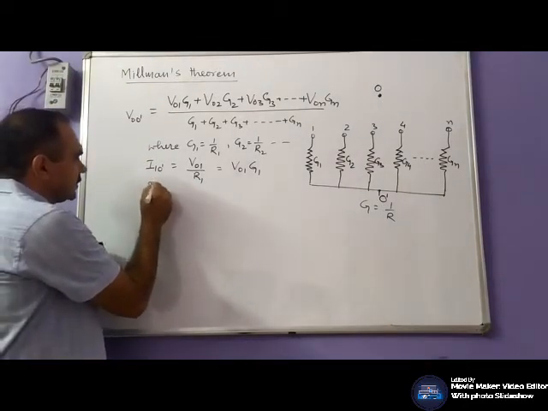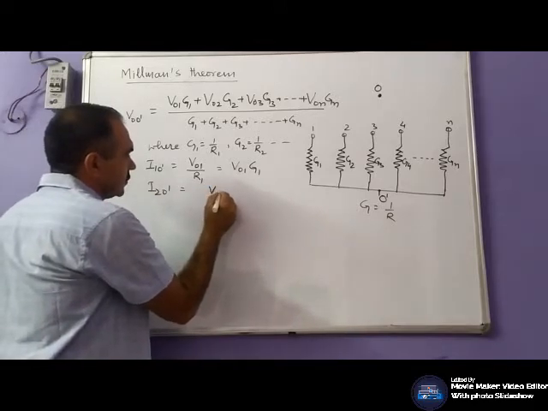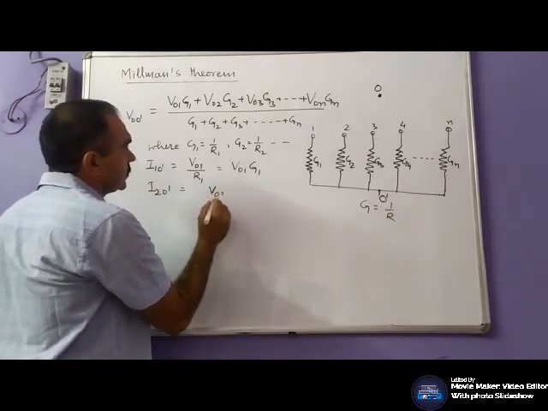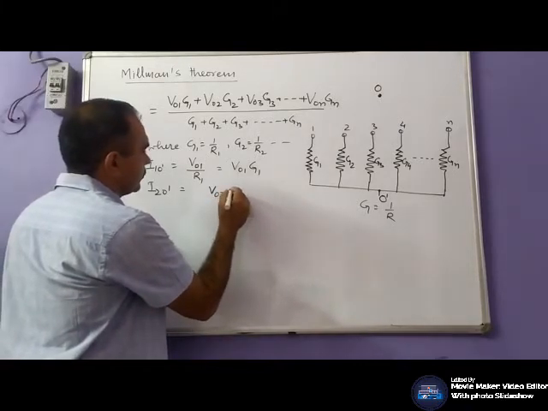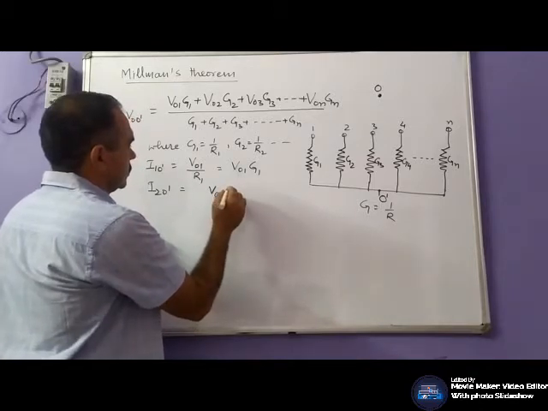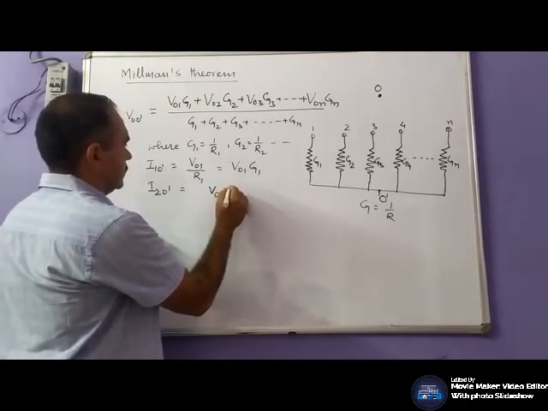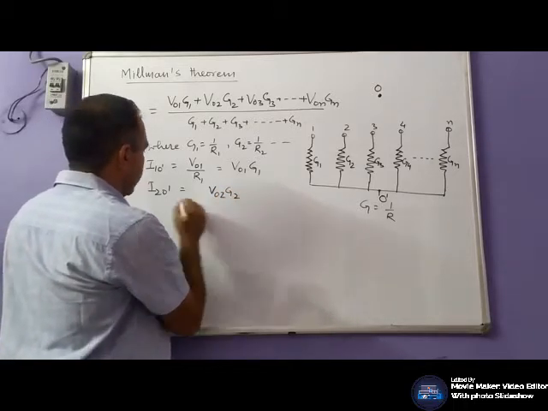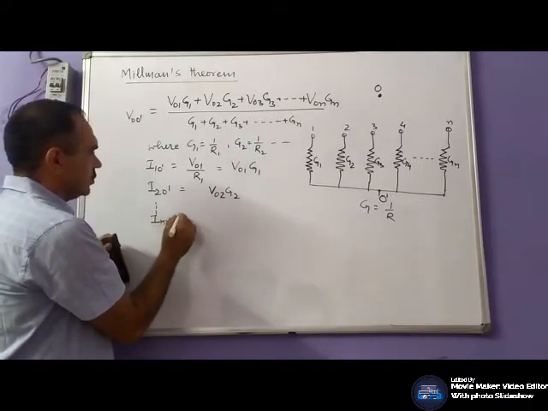Likewise, I20 dash would be V02 minus, and so on, I n0 dash.